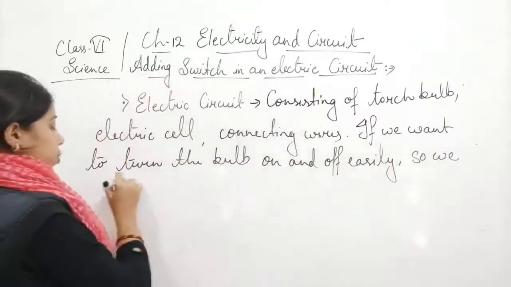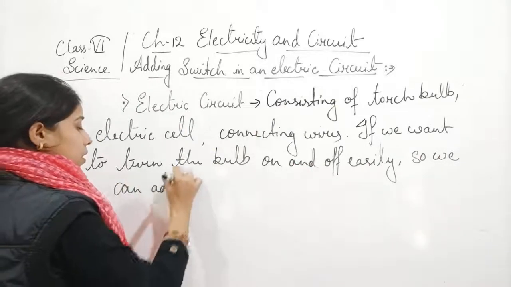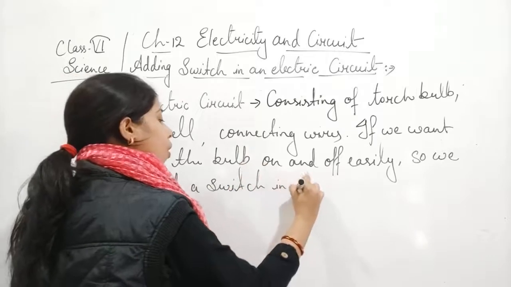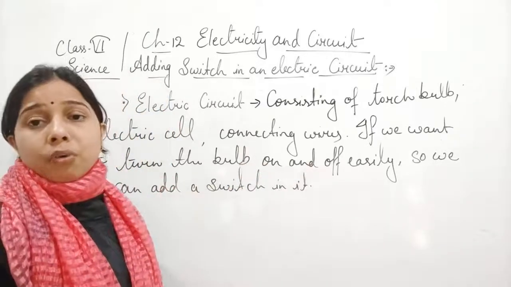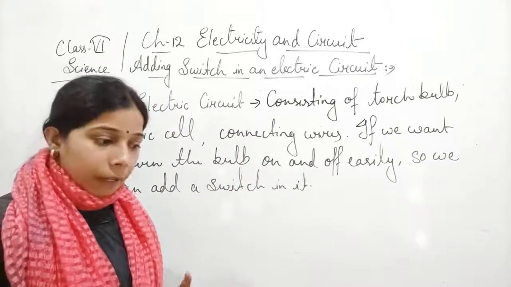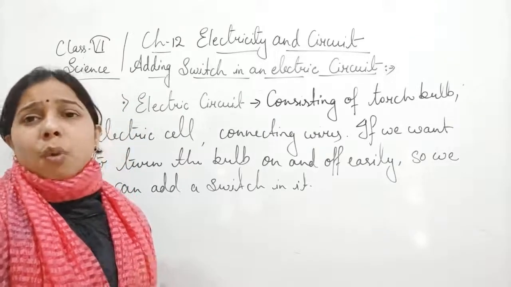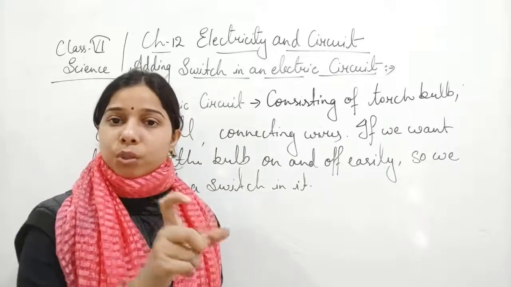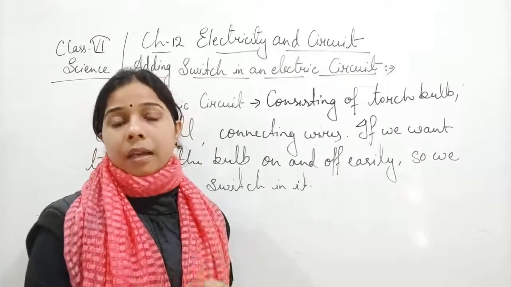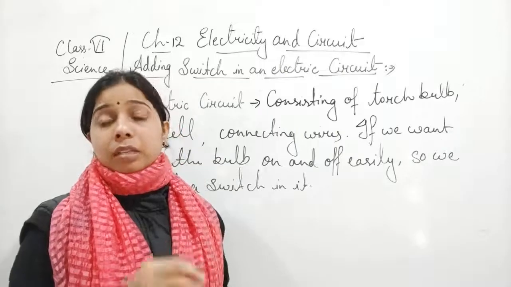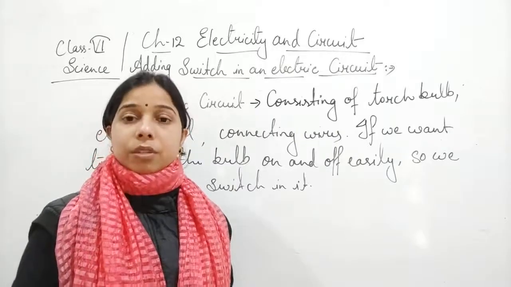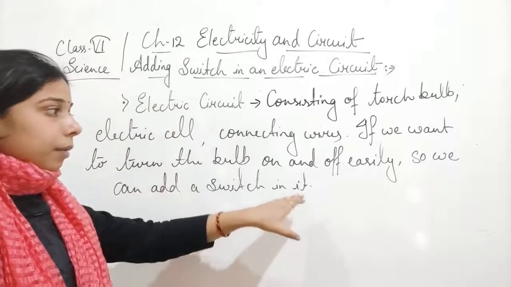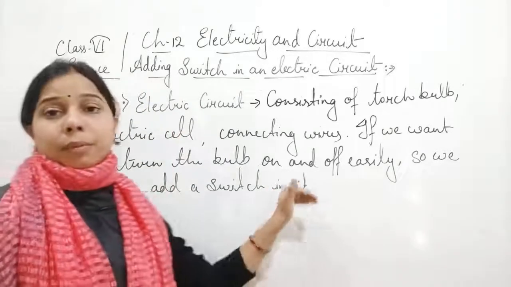We can add a switch in it. Obviously, students, if we want to make a circuit and do not want the bulb to glow continuously, we can easily add a switch in it. When a switch is added, it will be quite easy for us to turn on the light of the torch bulb with the help of the switch.